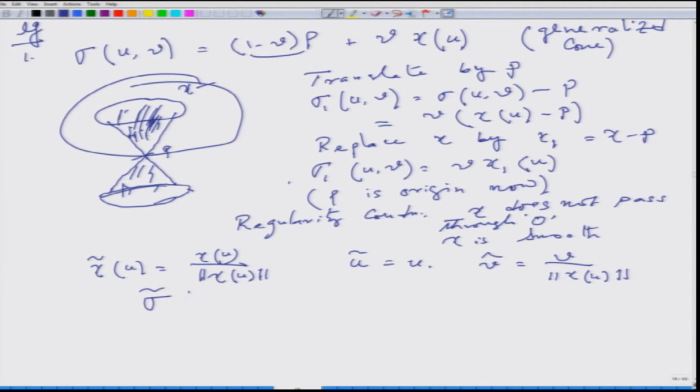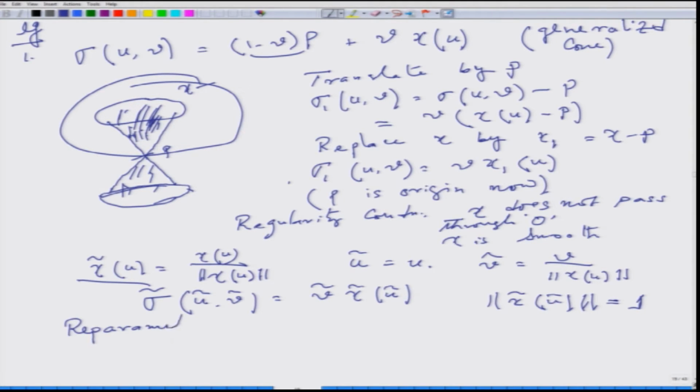Then I will get my surface in a nice form, sigma tilde u tilde v tilde equal to v tilde gamma tilde u tilde, but in this case gamma tilde u tilde always has norm 1 because of this, right. Okay. Now, I do another reparameterization, making things easier to calculate, so that gamma tilde is unit speed. That we know how to do, we just have to change u tilde to something. So, we assume gamma tilde is unit speed.